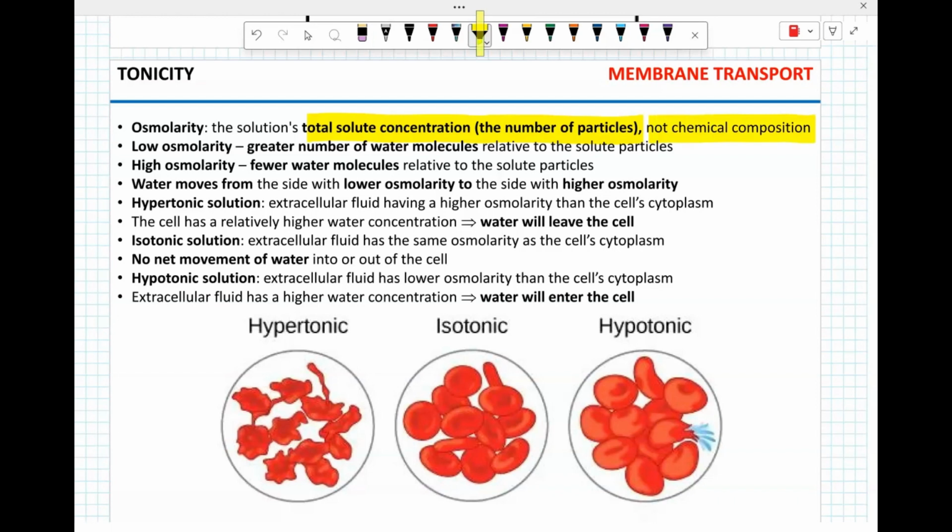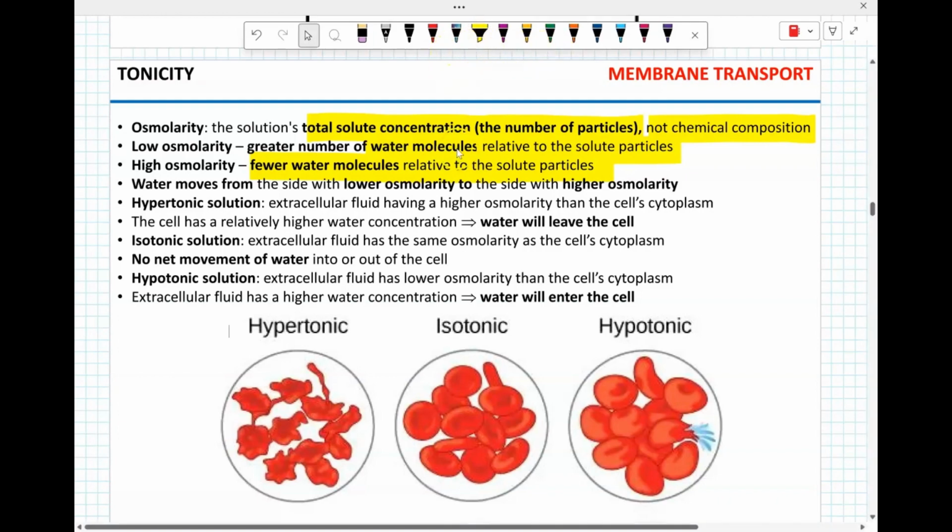Now, when a solution has a low osmolarity, it means that there is a lot of water relative to the number of solute particles. If osmolarity of the solution increases, then the relative ratio of water molecules to the solute particles will decrease. In other words, solutions with high osmolarity have greater overall concentration of all the solutes.